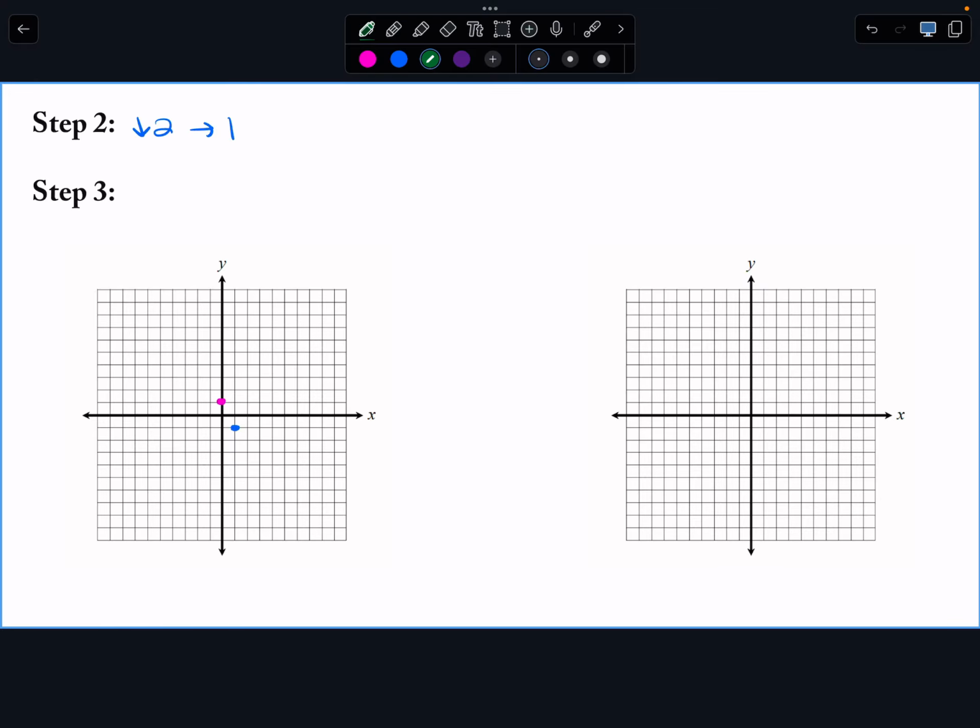And then I'm going to connect. Questions that you guys have?